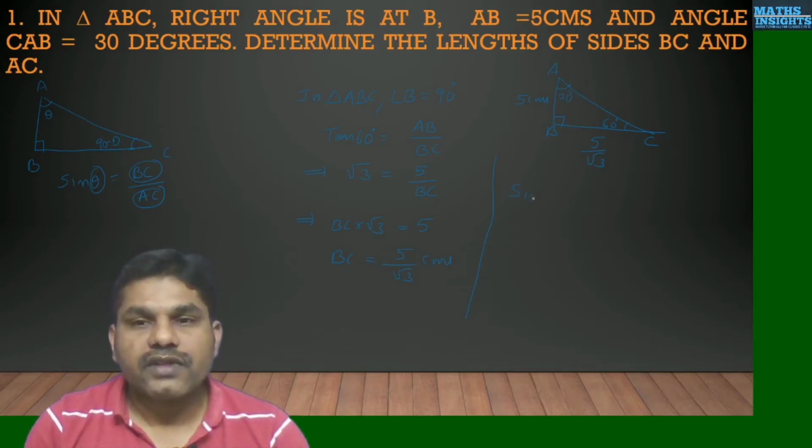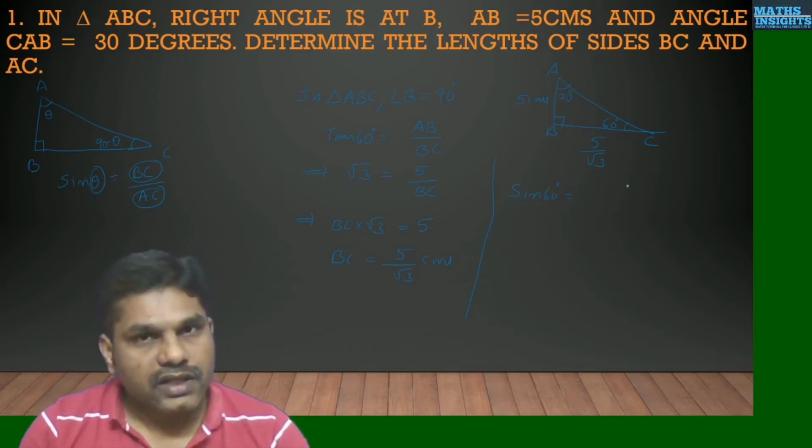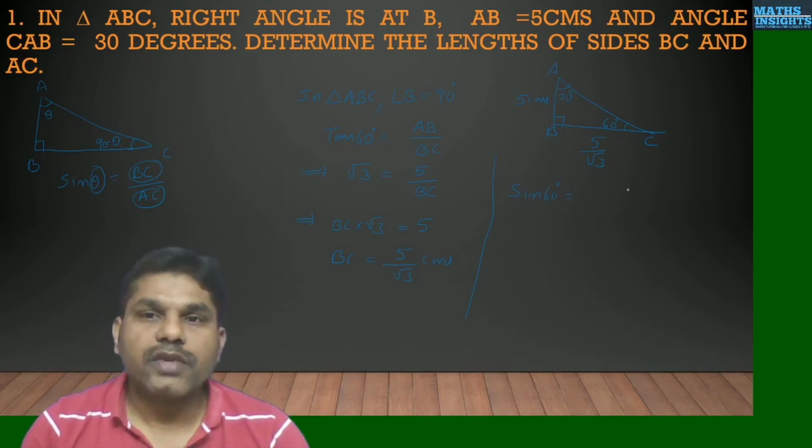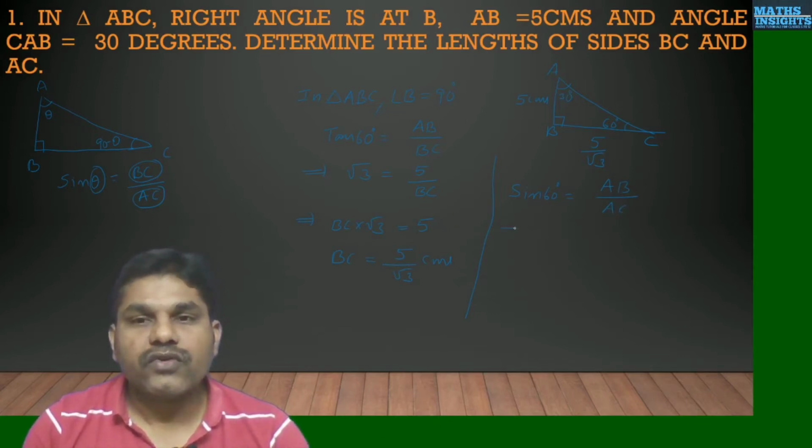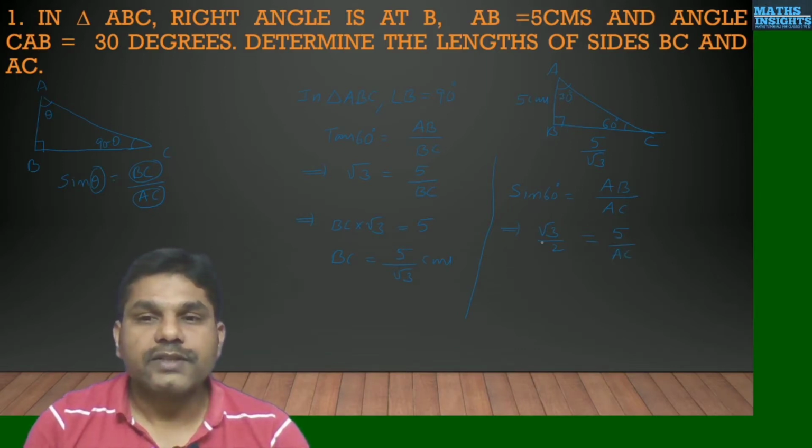Why? Because if you remember the definition of sine theta, it is side opposite to theta by hypotenuse. Now in this case, side opposite to 60 is AB, AB by AC. Sine 60, all of you know from the table, that is root 3 by 2. Root 3 by 2 is equal to AB is 5 and AC you have to calculate.